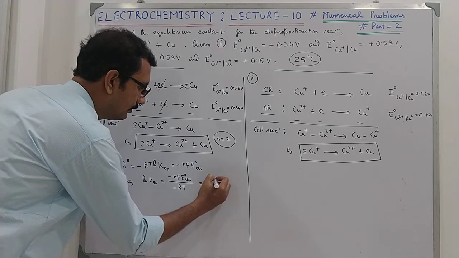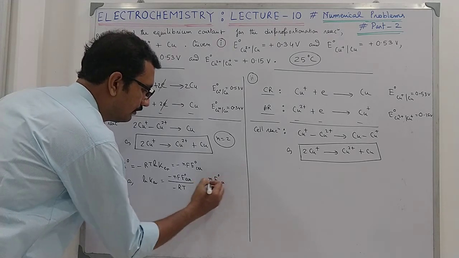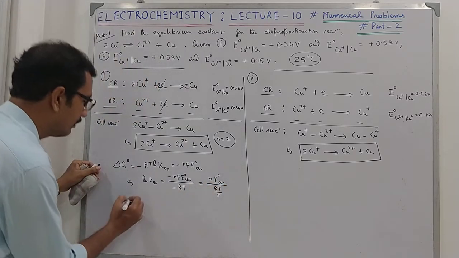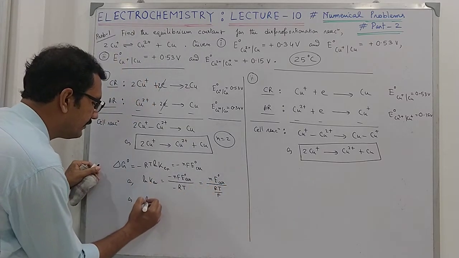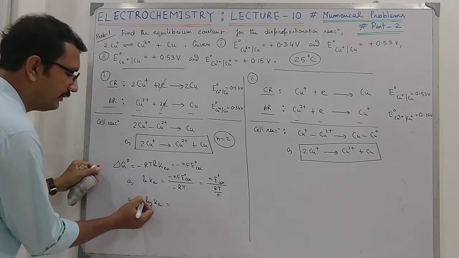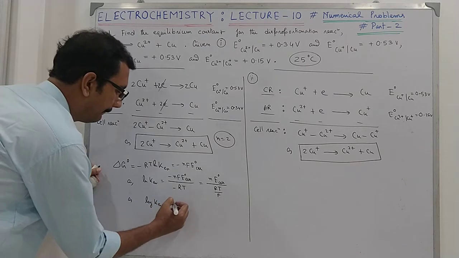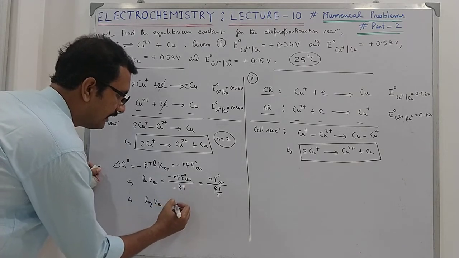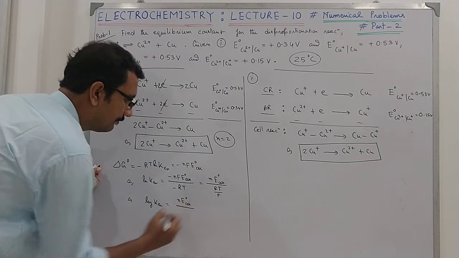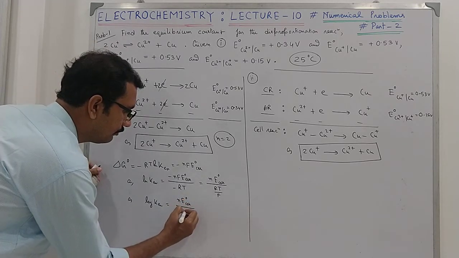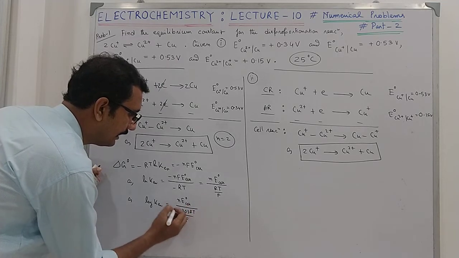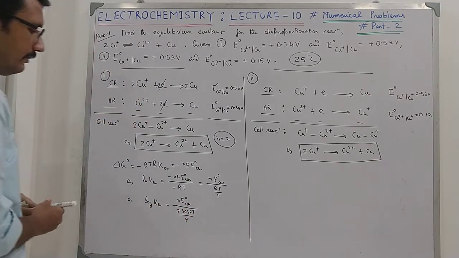Now E0 cell by RT upon F. Now when log natural is replaced by log base 10, it will give you a factor 2.303 here, and I am taking it to the right hand side, so it will be n E0 cell by 2.303 RT upon F. This is the formula.